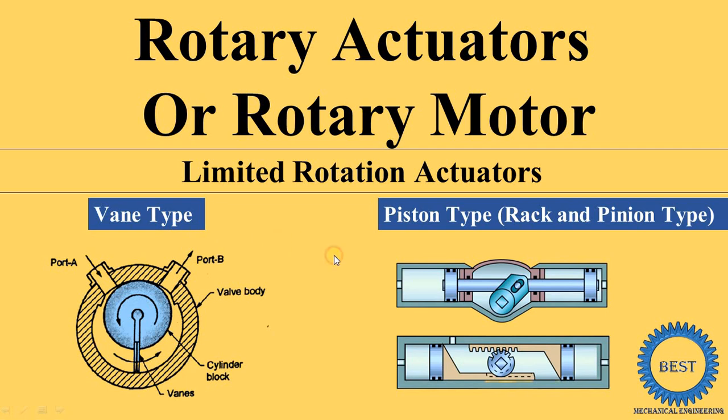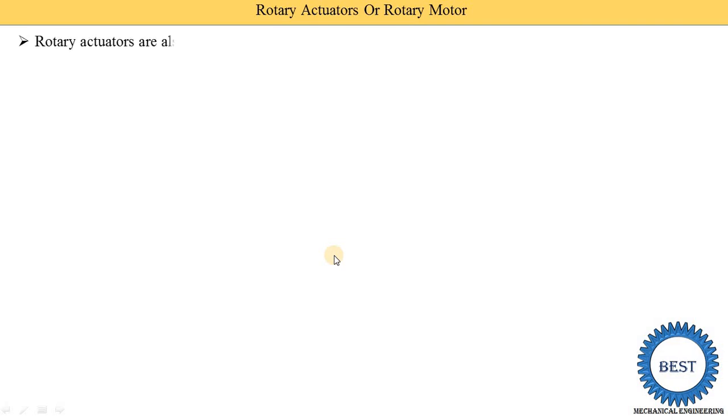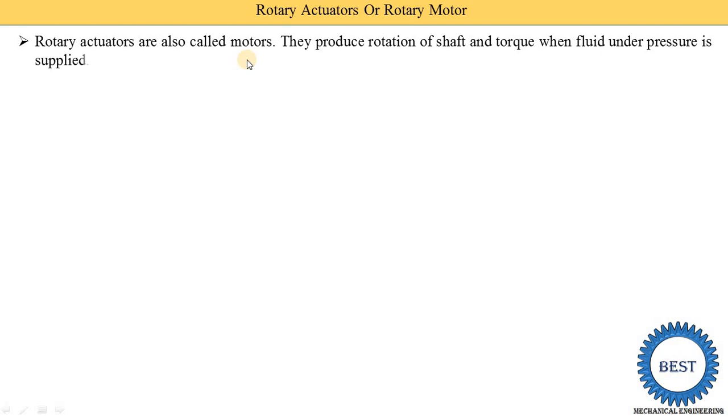So first we understand the meaning of rotary actuators. Rotary actuators are also called motors. They produce rotation of the shaft and torque when fluid under pressure is supplied.